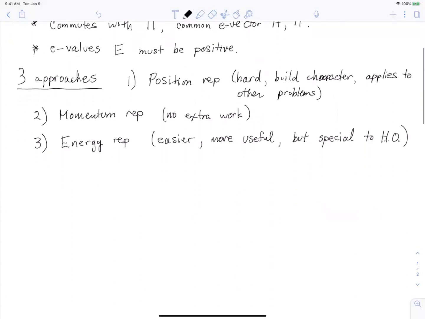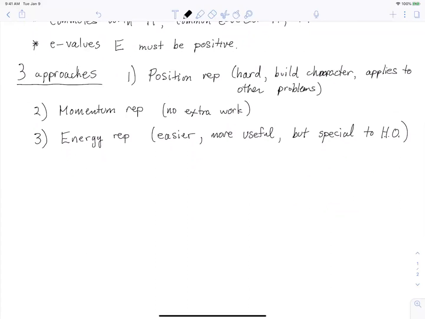All right, so let's go ahead with the position representation approach.